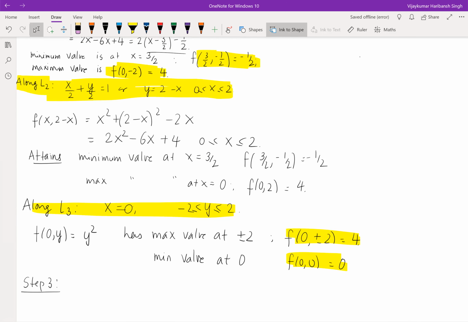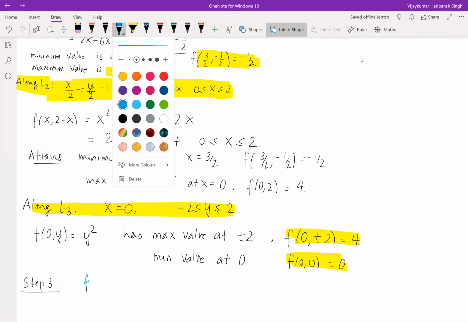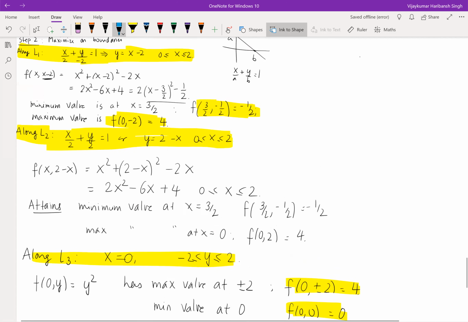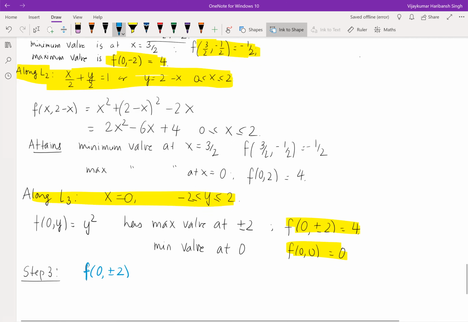So f of 0, plus or minus 2 equals 4 is the maximum. Where else do we get 4? That's all.